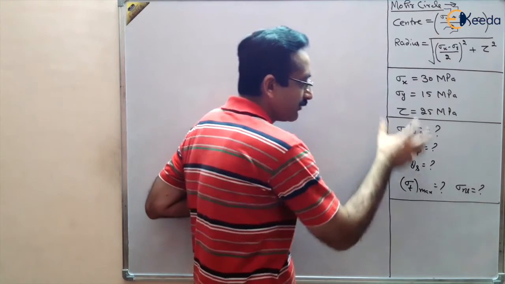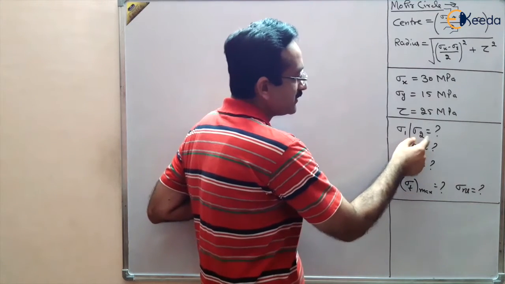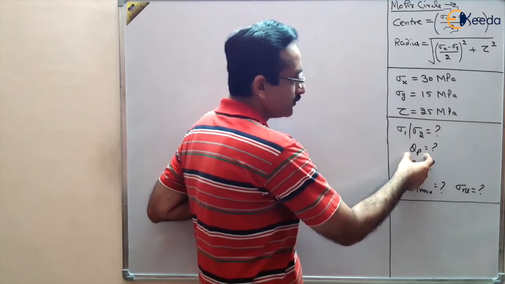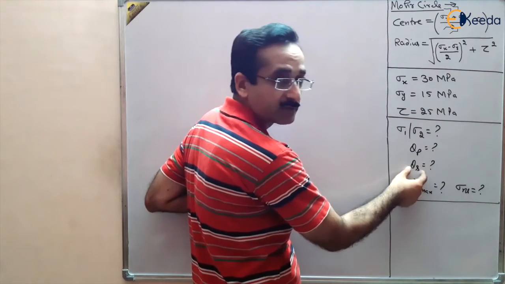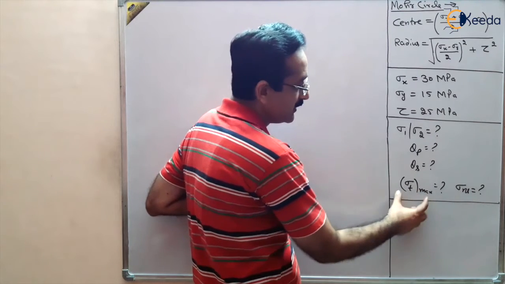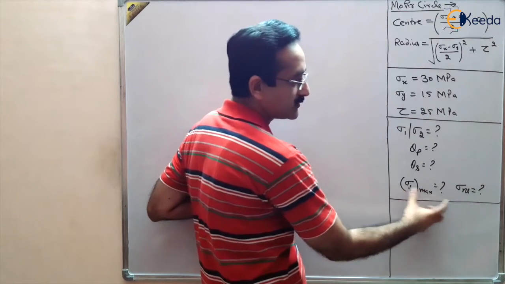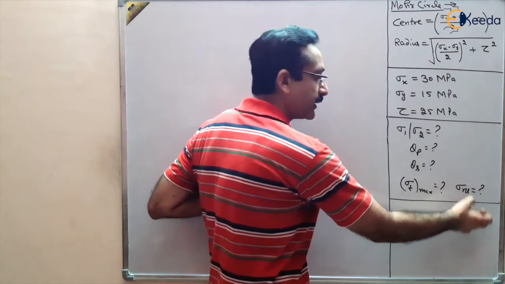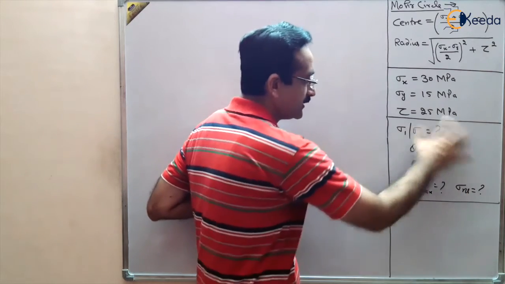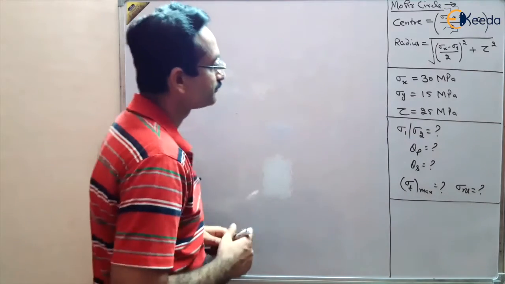And we have to find out minor and major principal stresses, plane of principal stress, the plane of maximum shear stress, the magnitude of maximum shear stress, and the magnitude of normal stress at the plane of maximum shear stress.